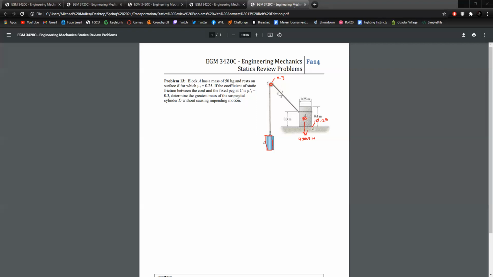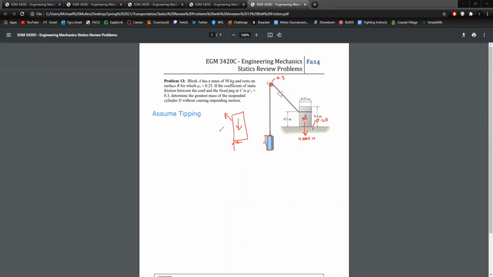So what we can do first is assume tipping. And what we're going to do for that is we're going to have our diagram here with the weight and a normal force, a friction, and our tension.